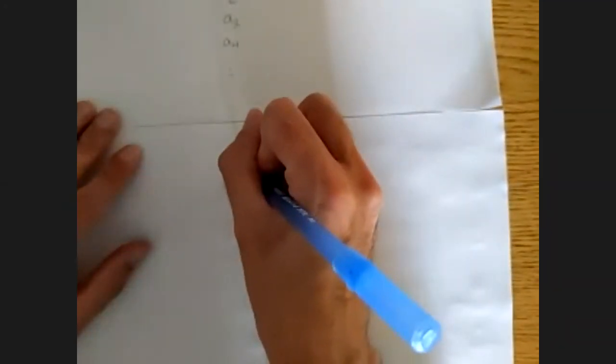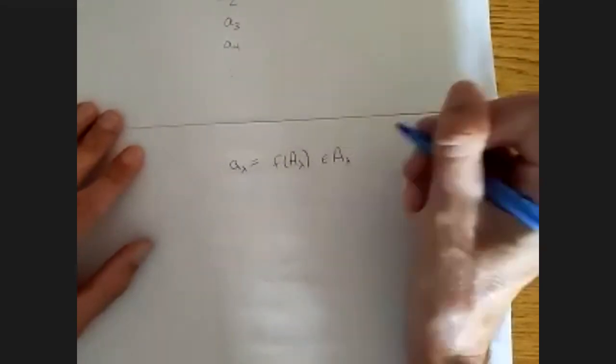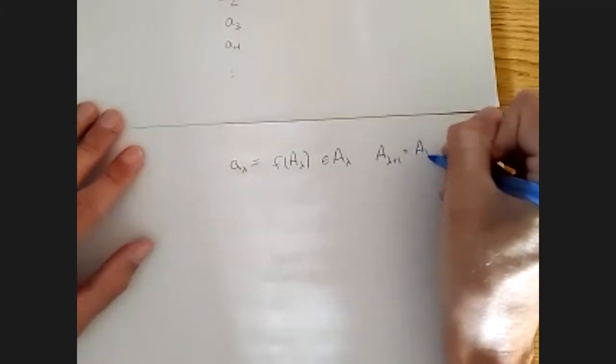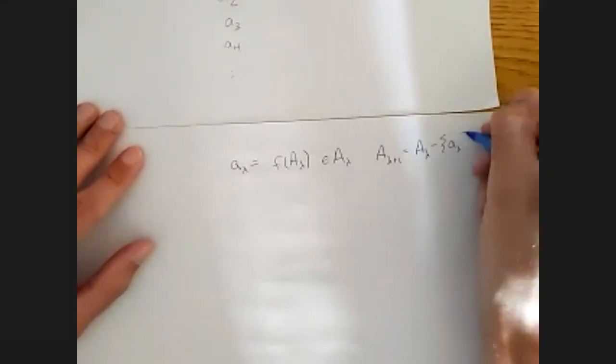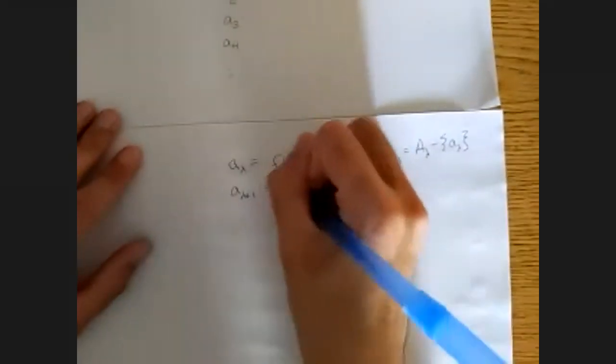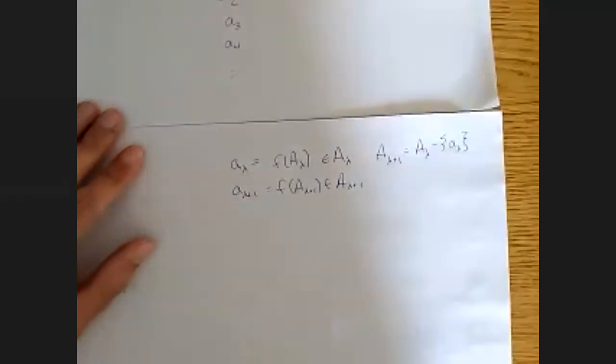But anyway, you keep on going, and if you have an ordinal lambda with a lambda equal to f of A lambda in A lambda, then you put A lambda plus 1 equals A lambda minus a little a lambda. And then you choose a lambda plus 1 to be f of A lambda plus 1, which is in A lambda plus 1, and therefore is distinct from all the things that came before it.